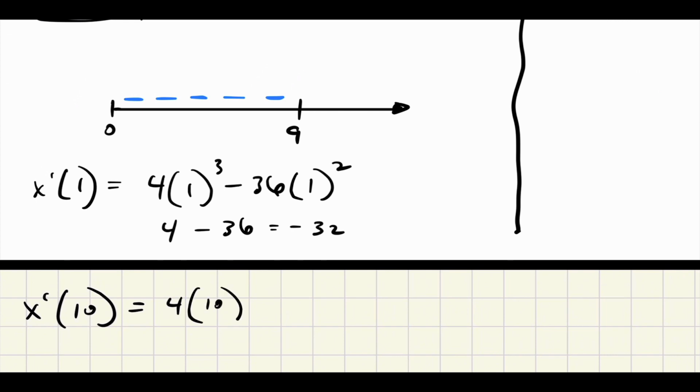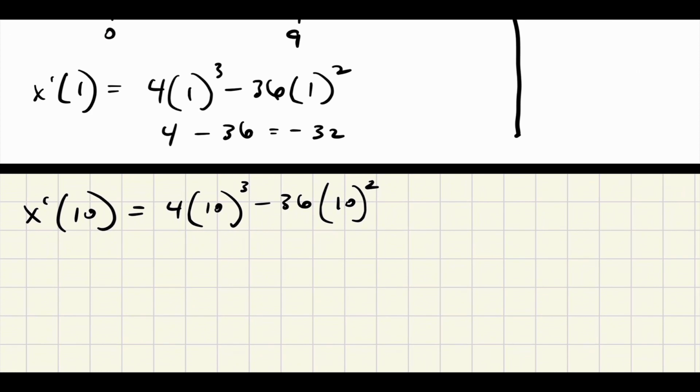4 times 10 cubed minus 36 times 10 squared. Let's see, 10 to the third power is 1,000, times 4 is 4,000. 10 squared is 100 times 36 is 3,600.